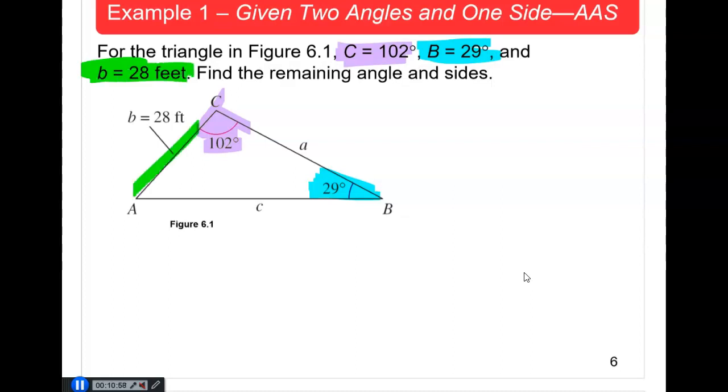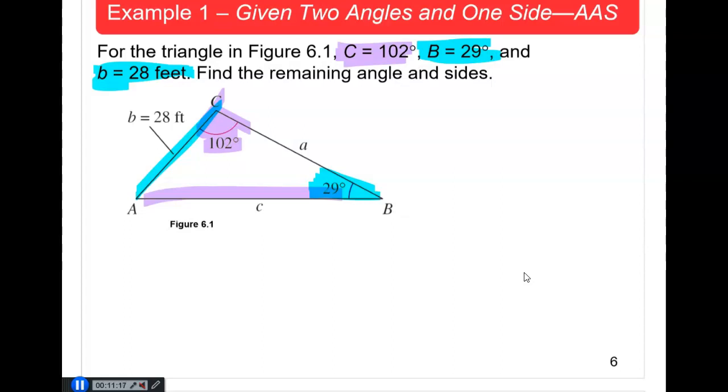So that will be lowercase. Well, actually, I'm going to color that blue. There we go. So the question says find the remaining angle and sides.